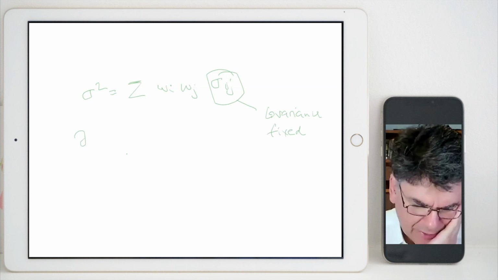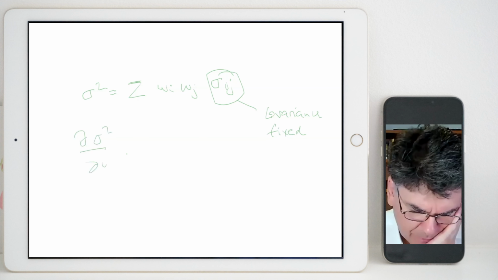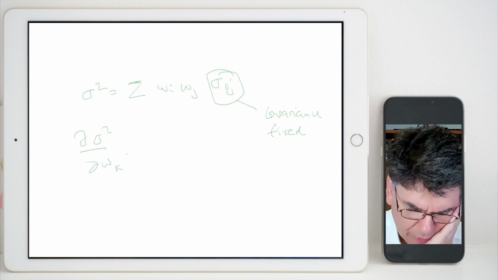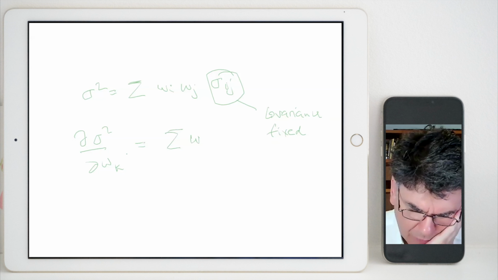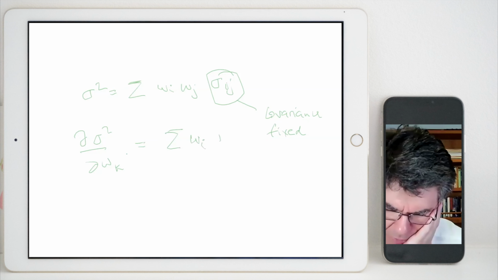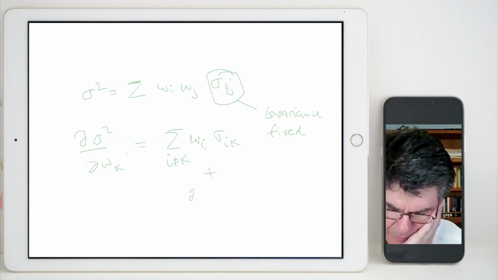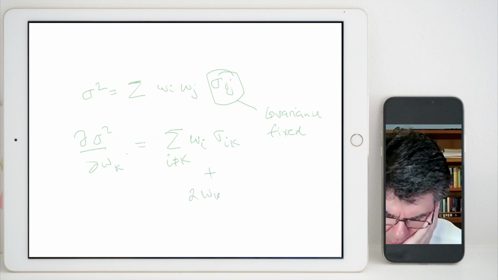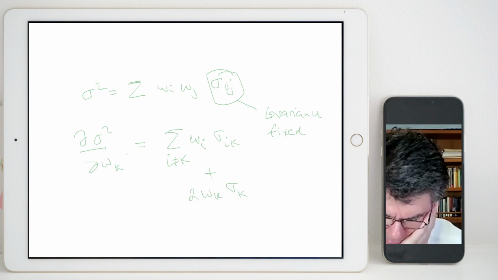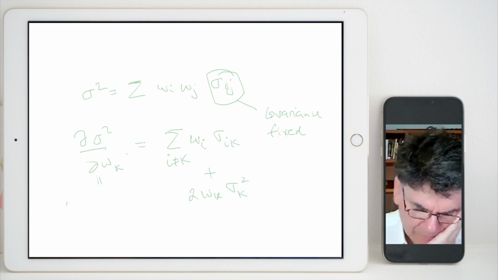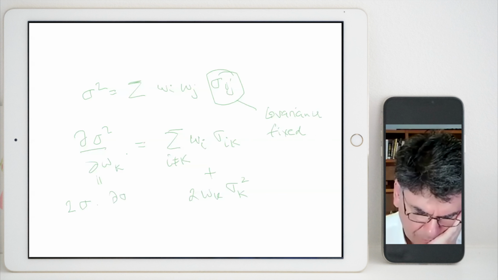That means that the derivative of sigma squared with respect to Wk is the sum of Wi sigma ik when i is not k, plus 2 Wk sigma k squared. Okay, and this is the same as 2 sigma times the derivative of sigma with respect to Wk.